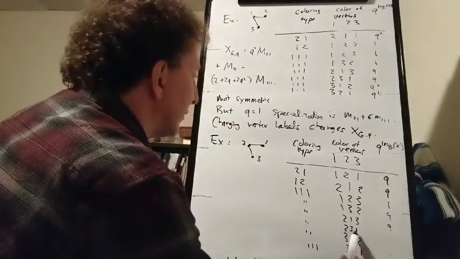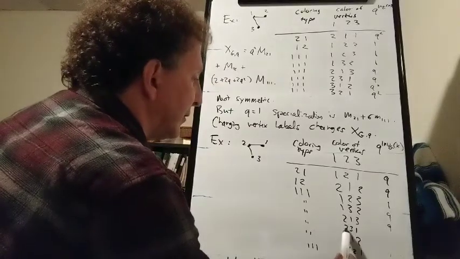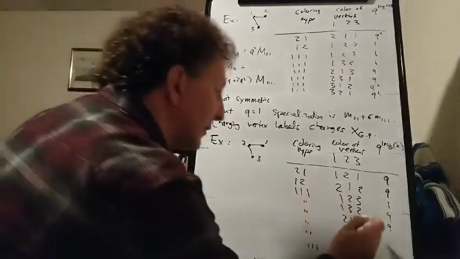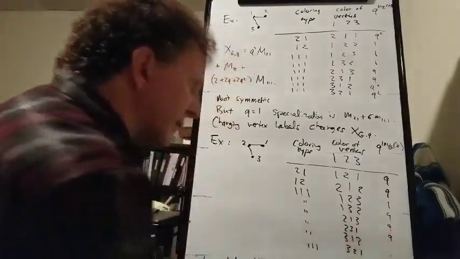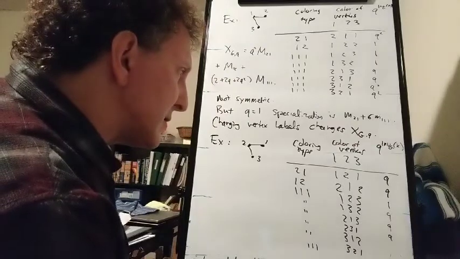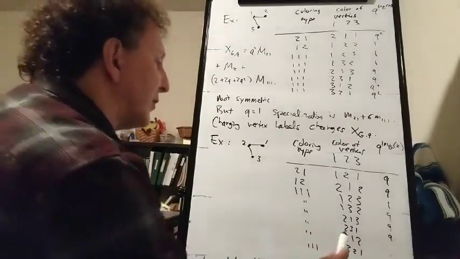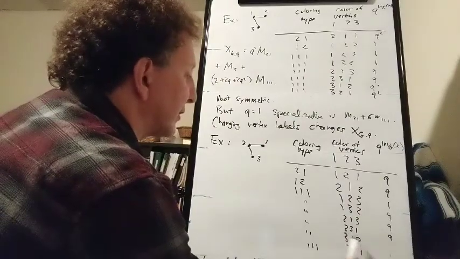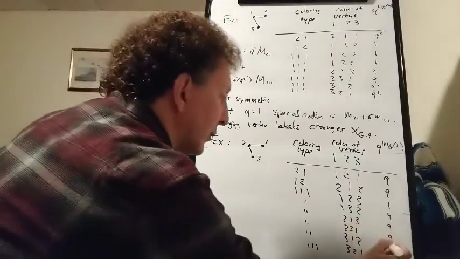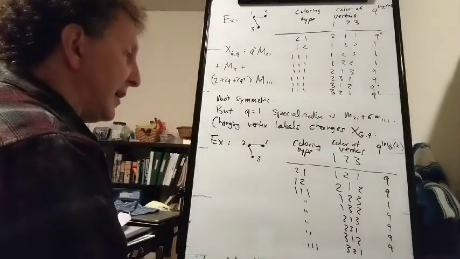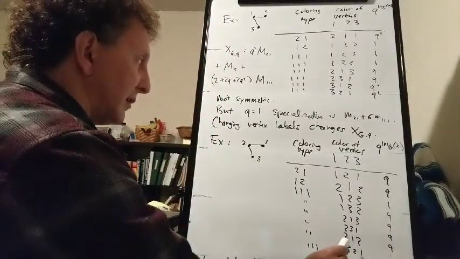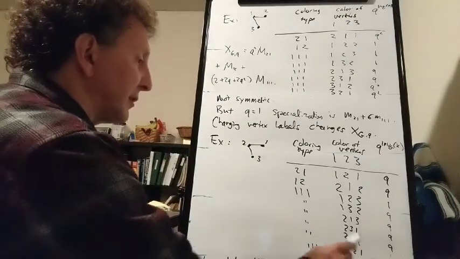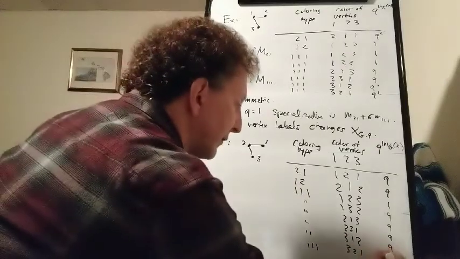Vertex 1 has a greater color than vertex 3, but that doesn't matter. Vertex 2 has a greater color than vertex 3, and that does matter. Three, 1, 2: vertex 1 has a greater color than vertex 2 and vertex 3, but just vertex 1 and 2 matters. And now vertex 1 has a greater color than vertex 2 and 3, but that doesn't matter. Vertex 2 has a greater color than vertex 3, so that's 2 inversions.